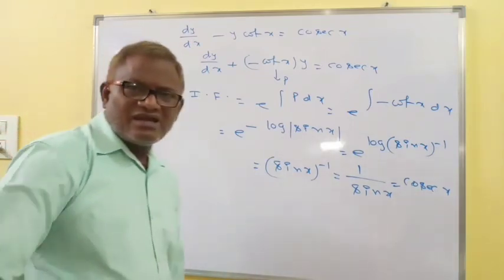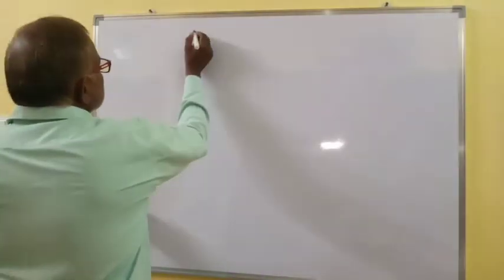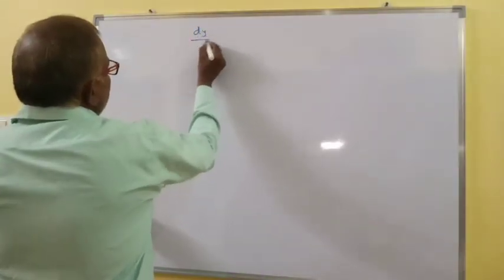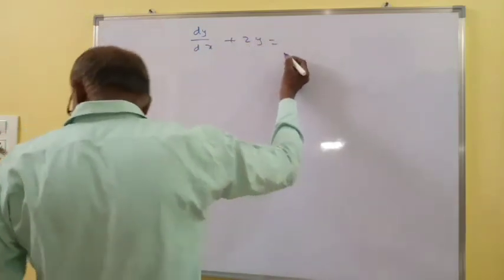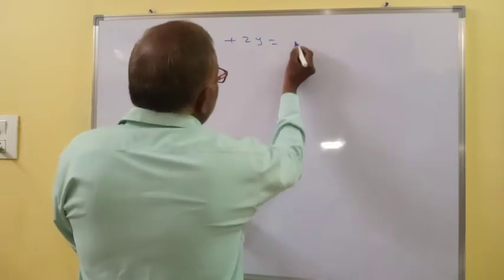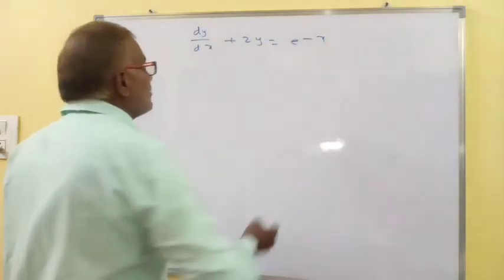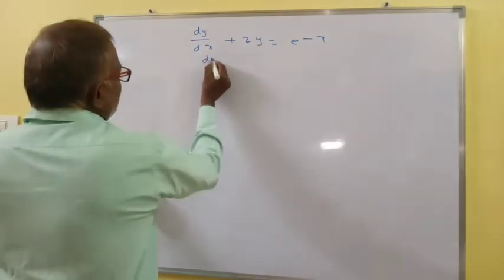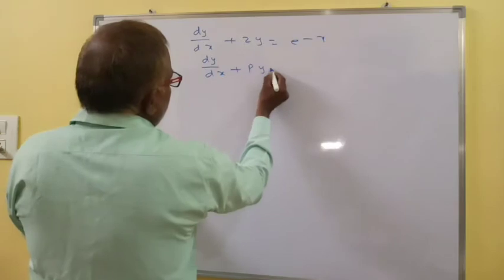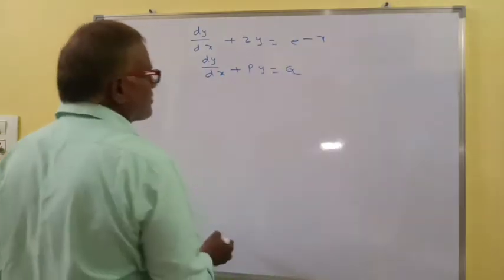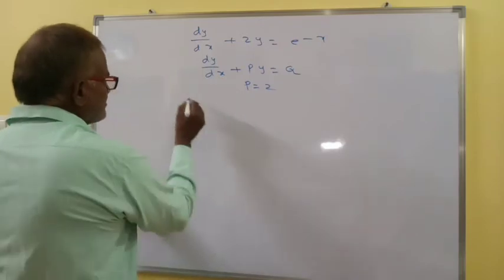Next problem. dy by dx plus 2y is equal to e power minus x. Now clearly dy by dx plus Py is equal to Q, that means P is equal to 2.